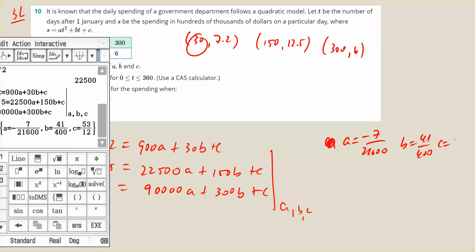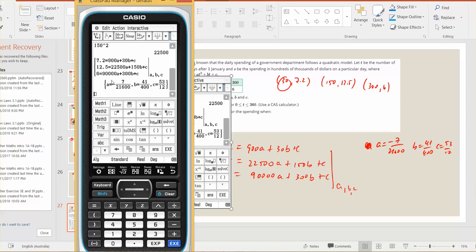I'm going to use the drag and drop method, hit Clear All to get a fresh screen, and make sure my domain is 0 to 360, so x max 360. Perfect.